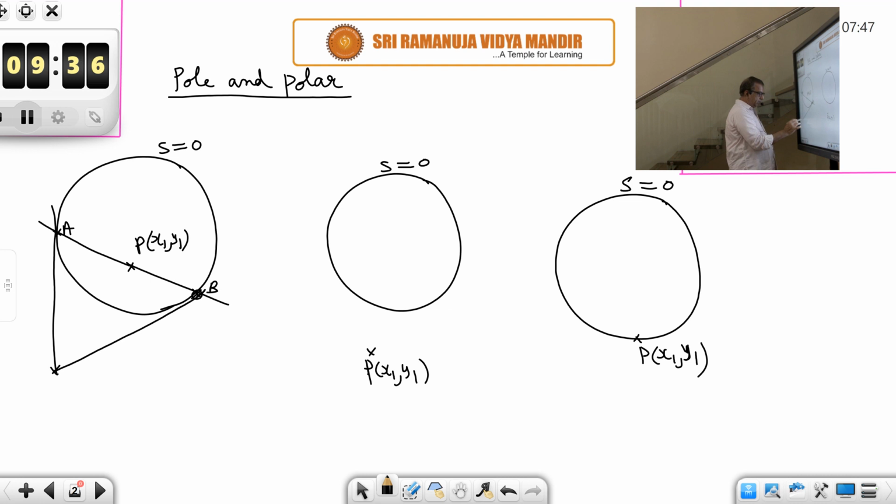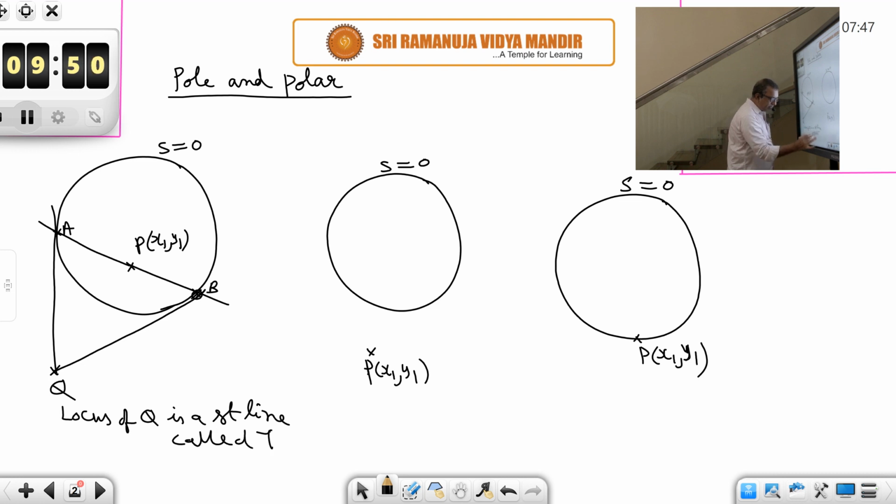Their point of intersection is Q. Then the locus of Q is a straight line called polar of P. And if the circle is S equal to 0 and the point is x1, y1, then the polar's equation is S1 equal to 0. So we can define the polar like this.